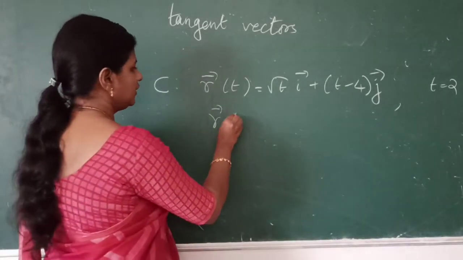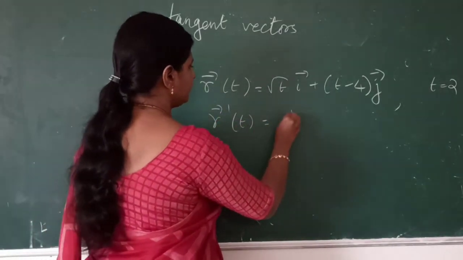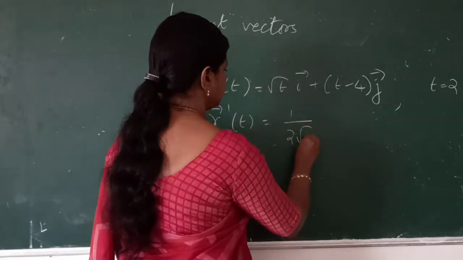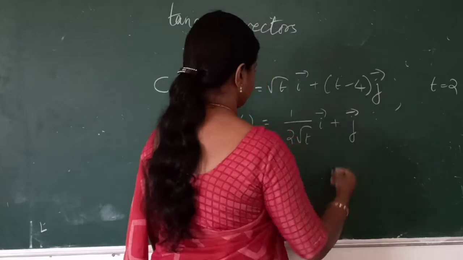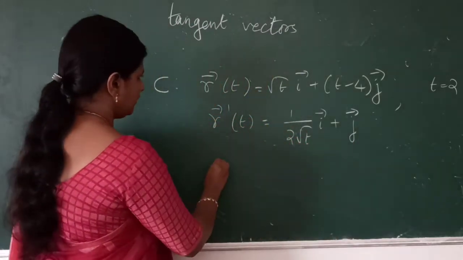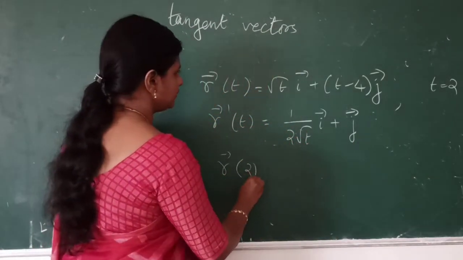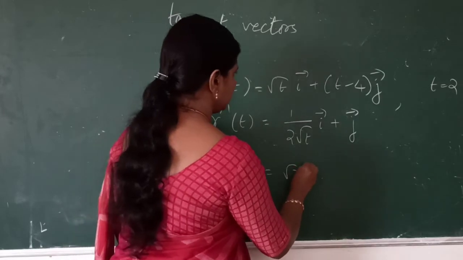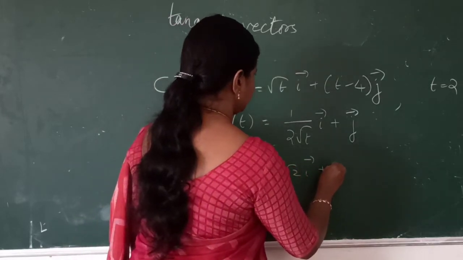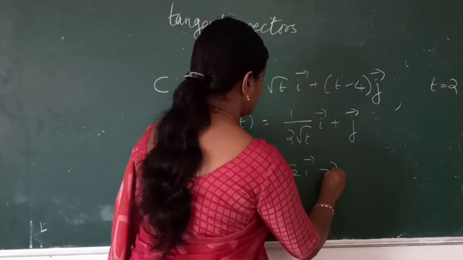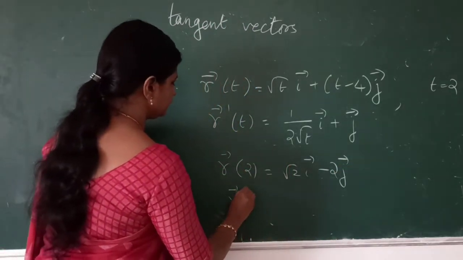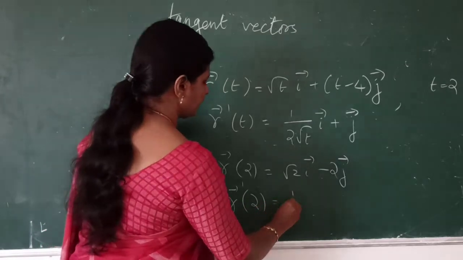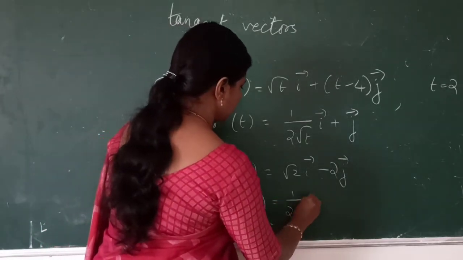So we have r bar dash of t is equal to 1 by 2 root t i plus j, and r of 2 is equal to root 2 i plus 2 minus 4, that means minus 2 j, and r bar dash of 2 is equal to 1 by 2 root 2 i plus j.